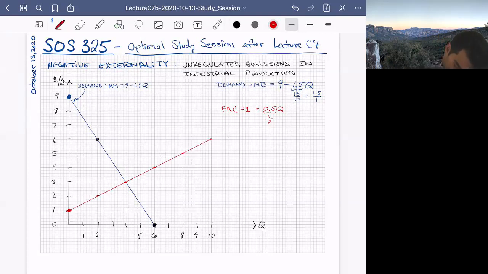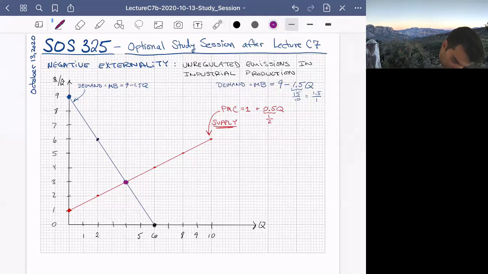And that ends up being our private marginal cost curve, which for an incomplete market is the supply curve. So that also happens to be our supply curve. Knowing that the private marginal cost curve is the supply curve is one of the tricks of this problem, so make sure you know that. And so that tells us that in our unregulated market, the market equilibrium is going to be right here.